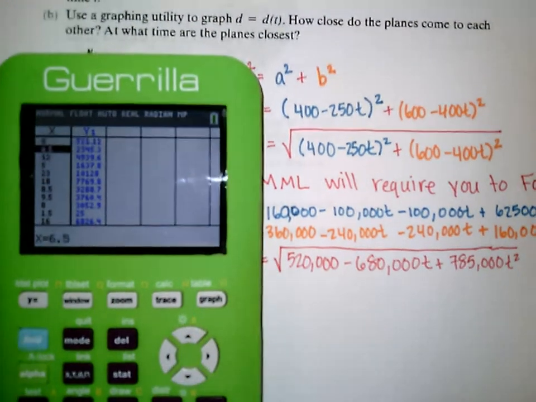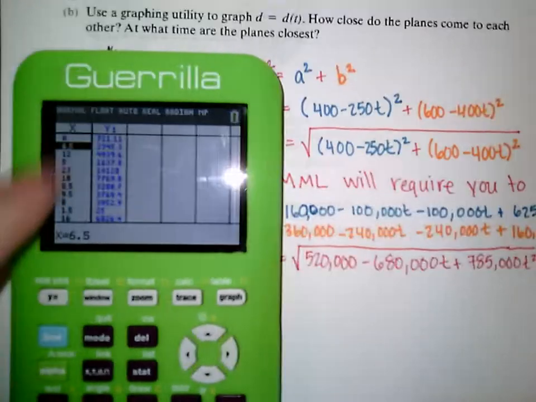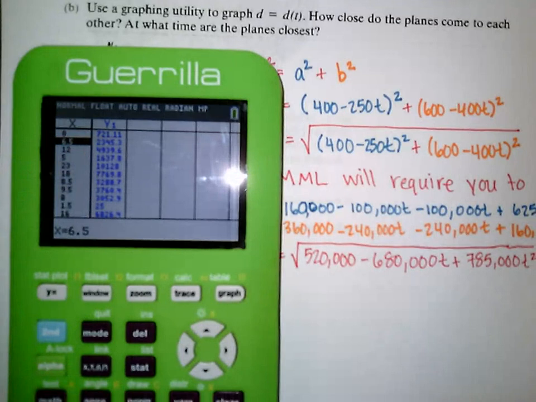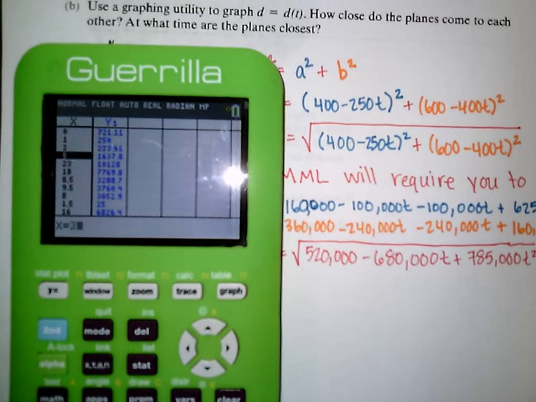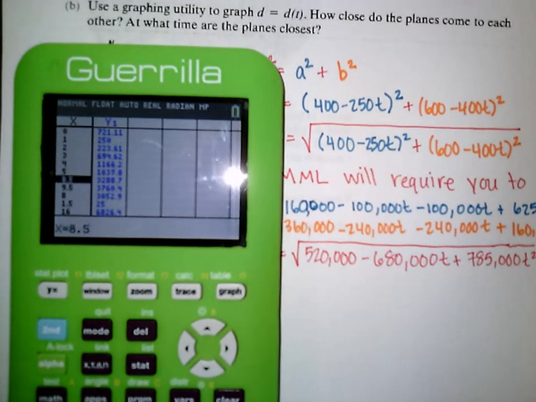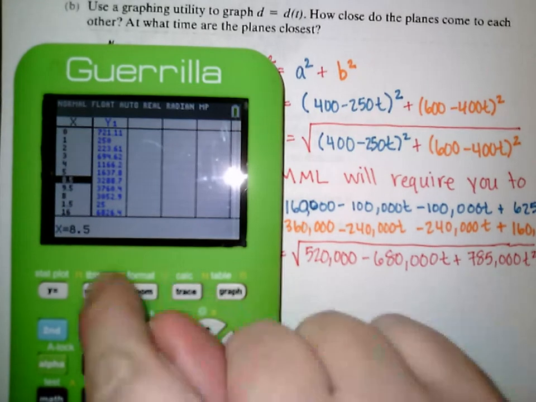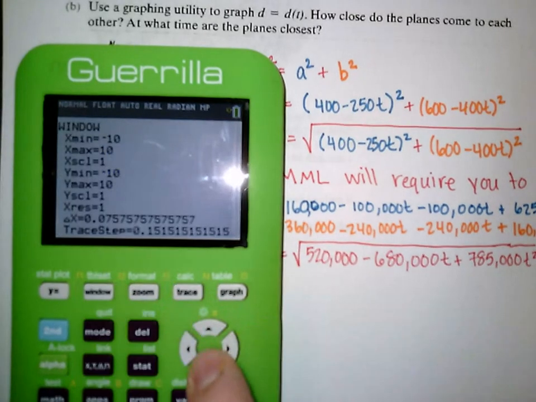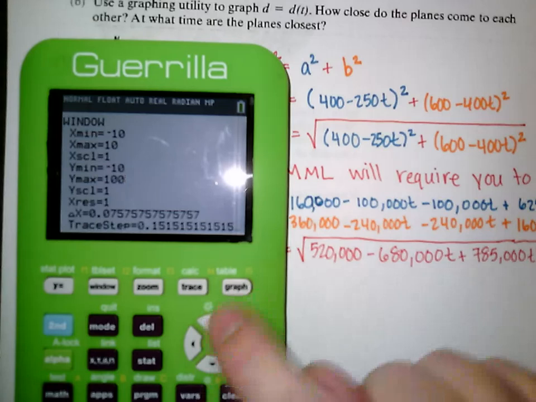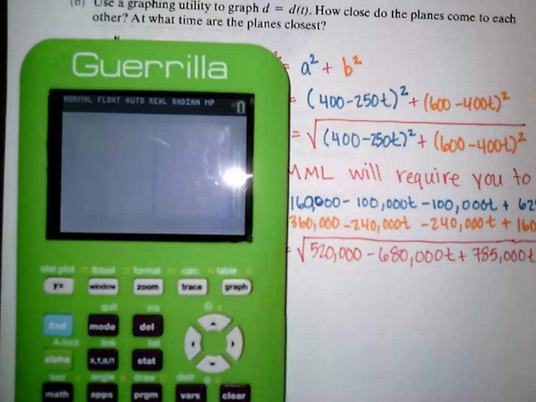So at 0, oh, that's why I can't see anything. When x is 0, y is 720. 1, 2, 3, 4, 5. So I need to make my window a lot bigger. I'm going to make my y max a lot bigger, like 1,000, you think would get it? Well, look, graph.